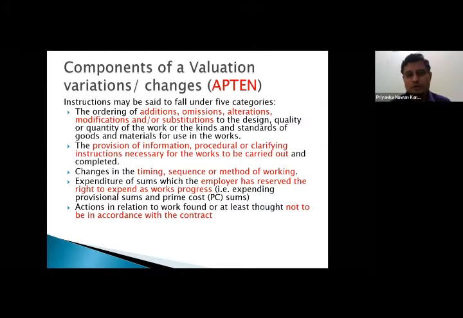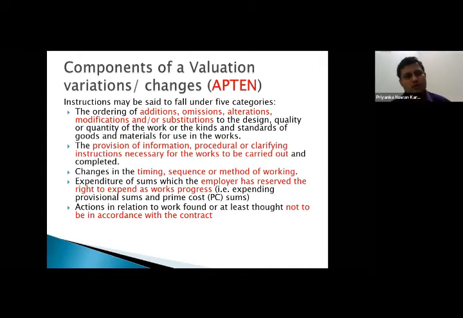Now, if you are talking about variation and changes, you have to confine to the content contained within the conditions of contract. You might be wrong, because what you are seeing is only the tip of the iceberg. There are certain variations and changes which cannot be incorporated within the variations clause of the conditions of contract. I will explain you why and how.